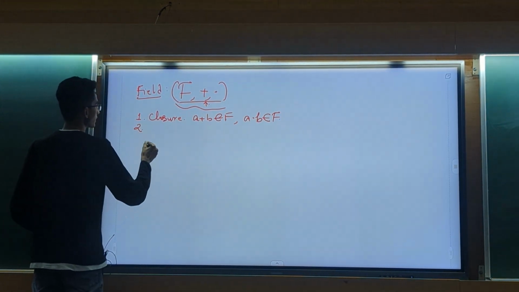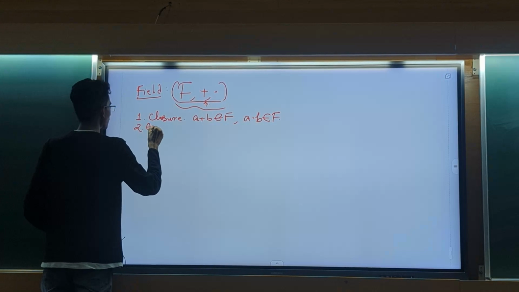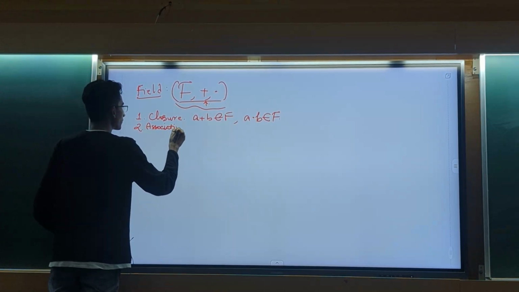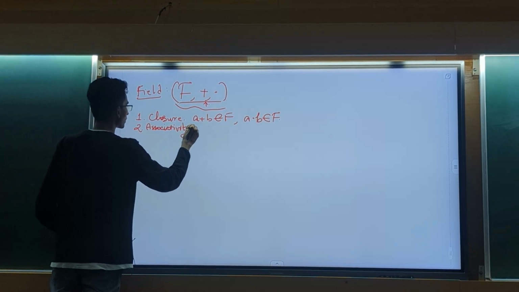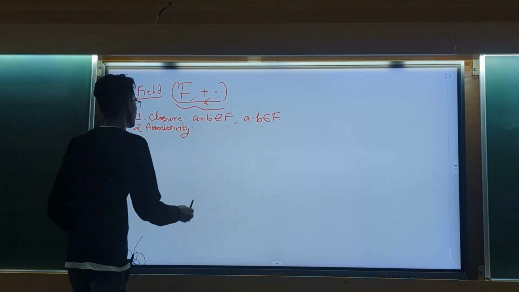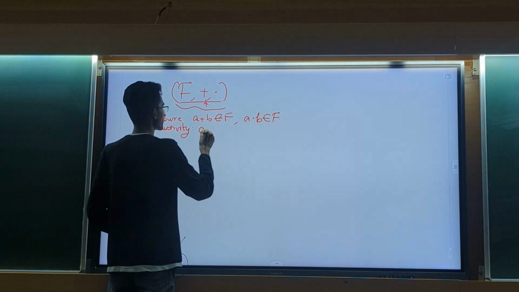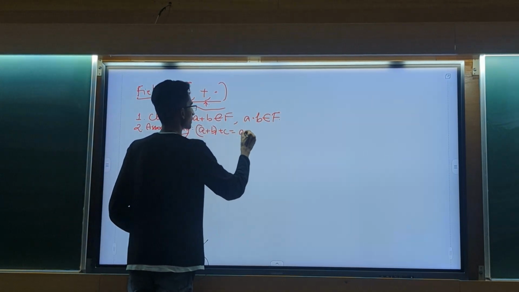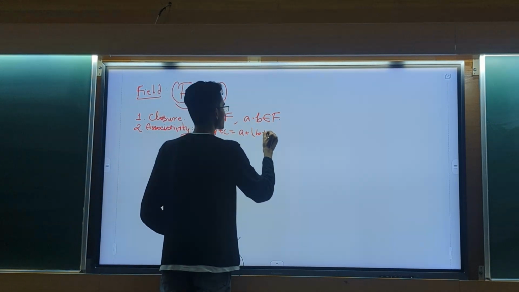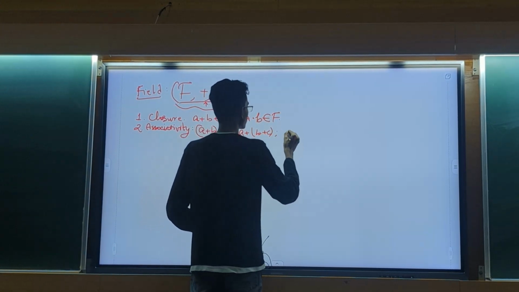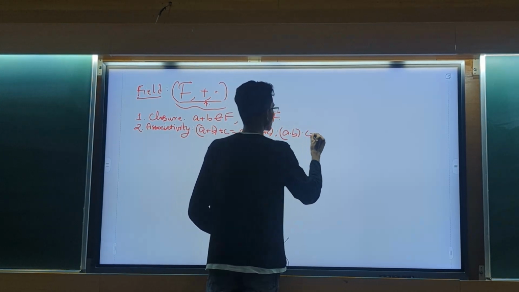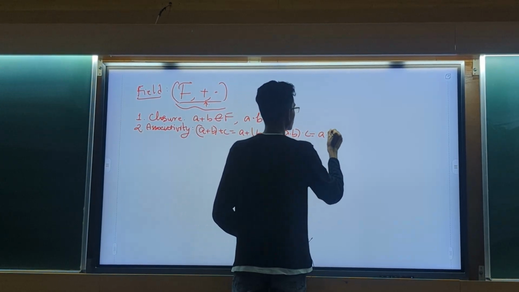Number 2 is associativity, which just means that A plus B plus C is equal to A plus B plus C, grouped either way. Like a very normal property that you would expect for multiplication and addition if you were to generalize them.